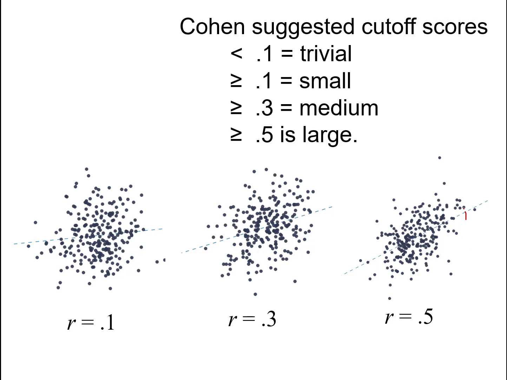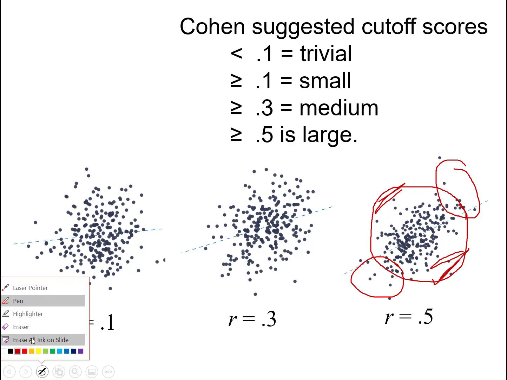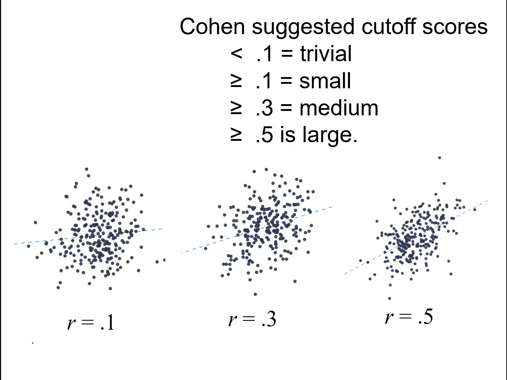One way to do this, if I try to draw a circle as best I can, note that in the circle we have very few dots in the lower right and the upper left. There's not much here, but we do have some dots in the upper right and the lower left. And so as we look at that, we can tell we have somewhat of a linear effect there. So a correlation of 0.5 is one that might take us a few seconds, but we can see it with the naked eye.